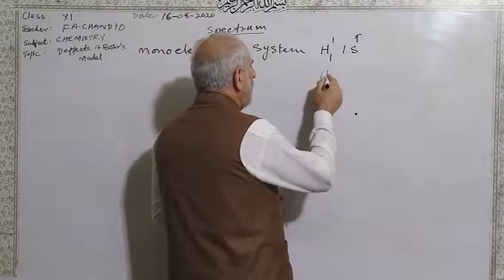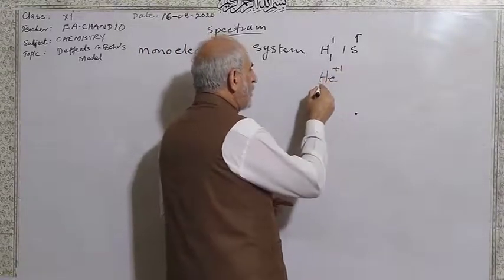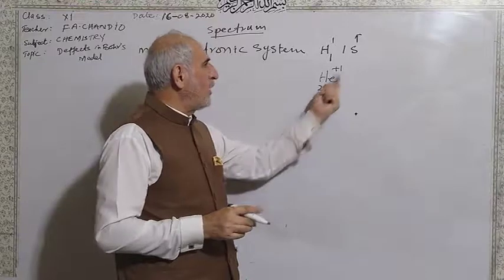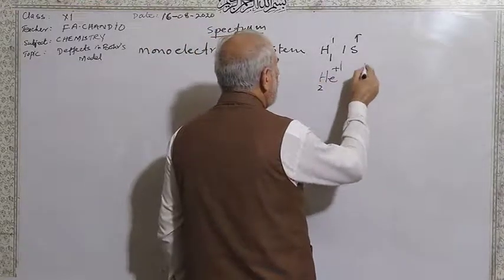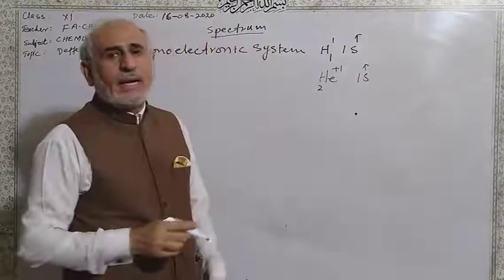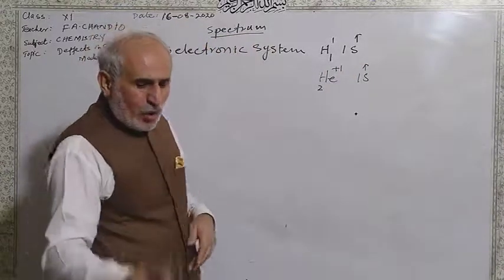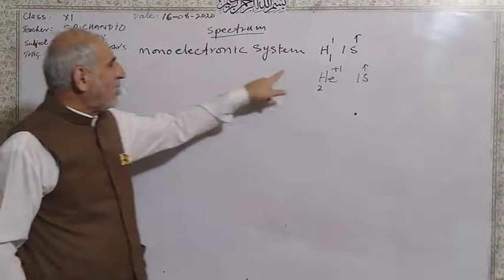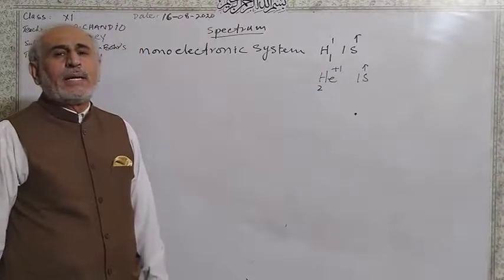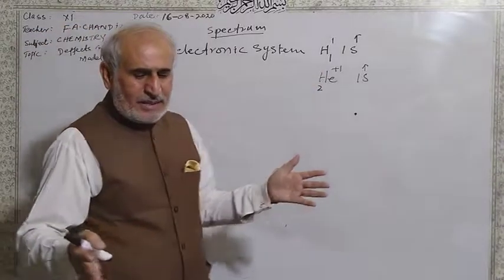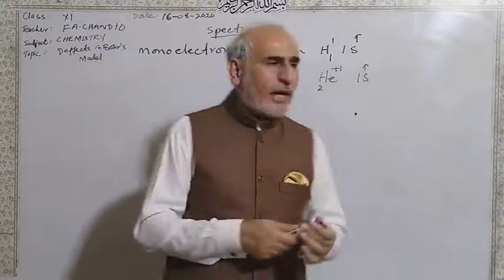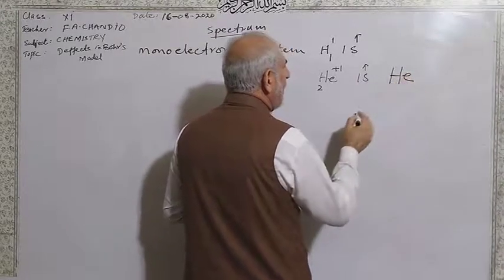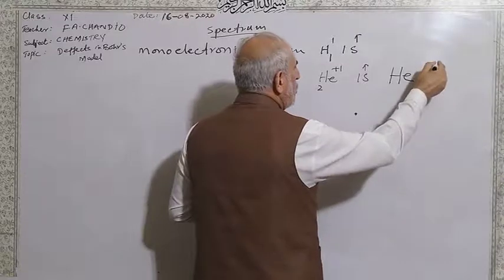There is another one: helium positive 1, atomic number 2. When helium loses one electron, only one remains, so this is also a mono-electronic system. So the Bohr model is only applicable for mono-electronic systems. This theory is not applicable for polyelectronic systems, just like the helium atom, which has 2 electrons.